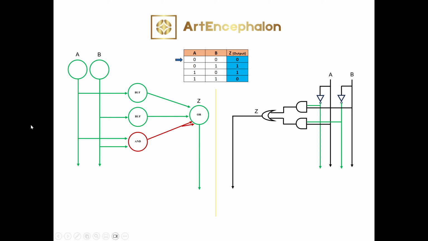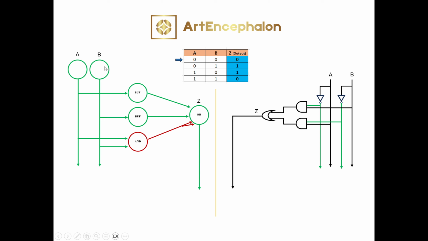Let's look at our neuron. This is the neuron circuit on your left hand side. Two neurons, neuron A and B. You can see the axon leaving neuron A, making contact with this AND gate and this other buffer. So it makes contact with this buffer and makes contact with this AND gate.